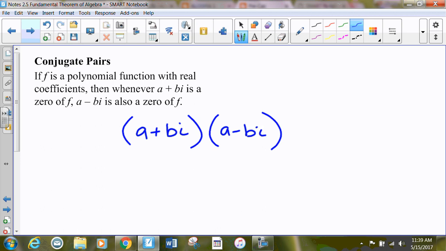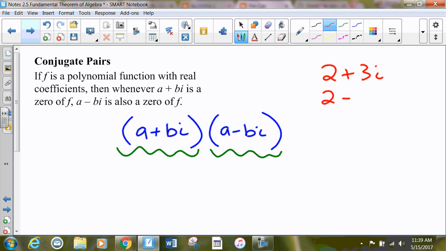And whenever a plus bi is a 0 of the function that we are looking at, then we know that the conjugate, in this case a minus bi, would also be a 0. So let's say one of your zeros is 2 plus 3i. Well, then you know 2 minus 3i is also going to be included. That's just the deal. You can't get one complex number without the other, without the conjugate pair.